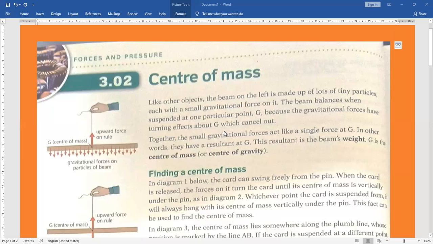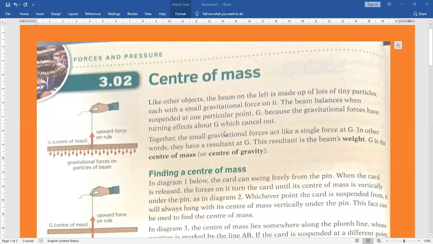Like any other object, the beam on the left is made up of a lot of tiny particles, each with a small gravitational force on it. When the beam balance is suspended at one particular point, called G, the gravitational forces have turning effects about G which cancel out.